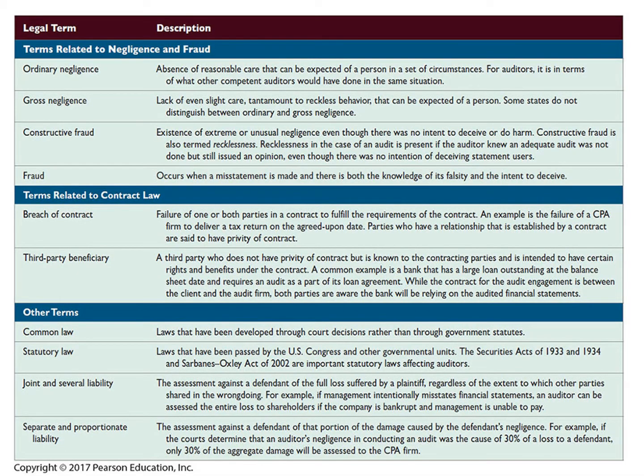I don't know what page it's on, where they talk about absence. Ordinary negligence is absence of reasonable care that would be expected. What would we expect another competent auditor to do in a similar situation? Gross negligence is a lack of even slight care.